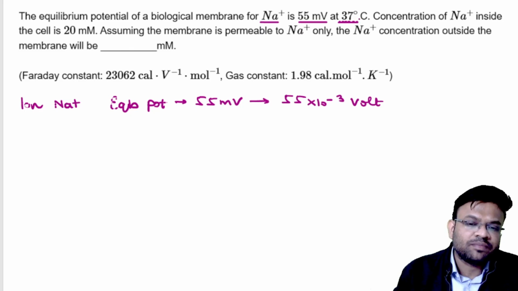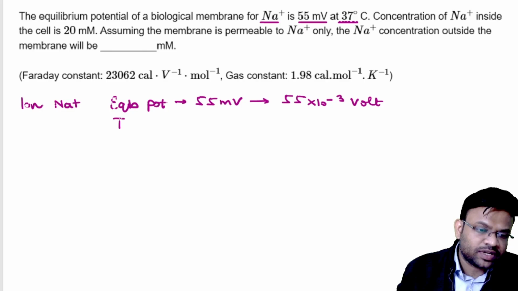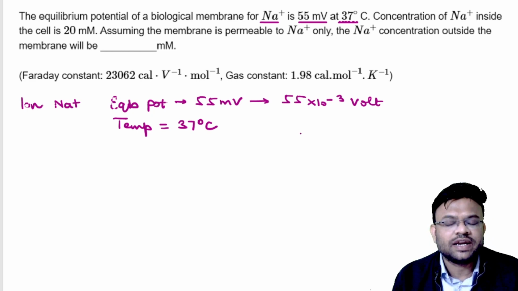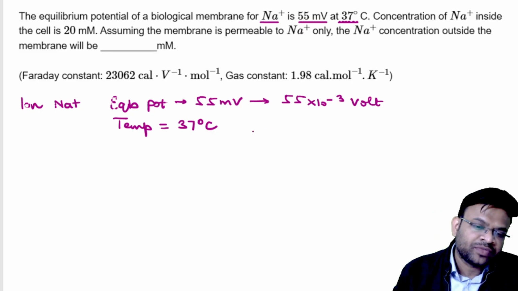The temperature that is given over here is 37 degrees centigrade. The temperature cannot be directly taken in degree centigrade, it has to be converted into Kelvin.